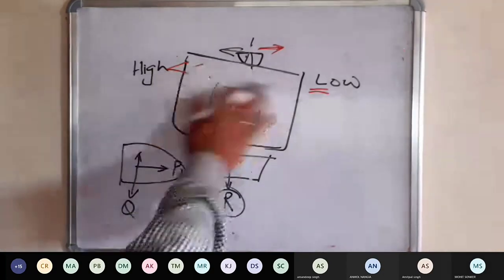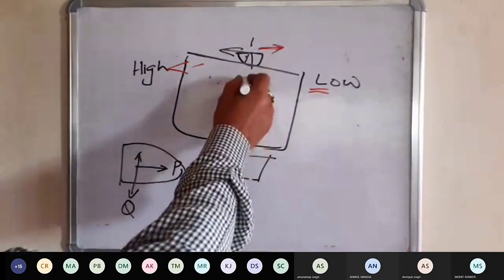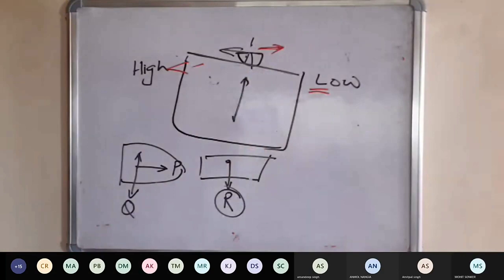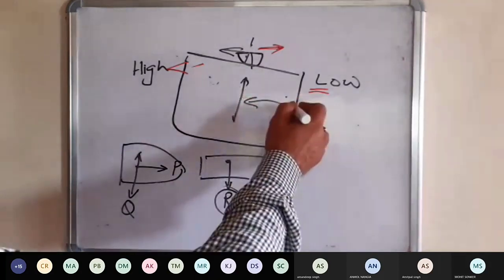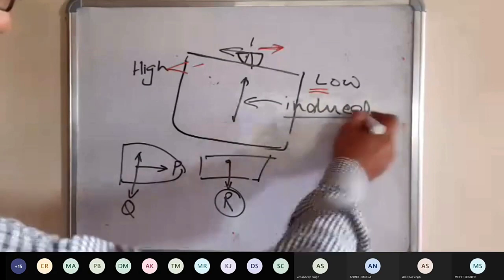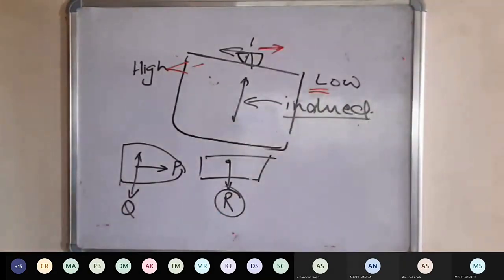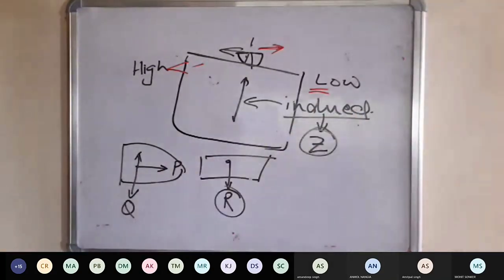But apart from that, there are so many soft irons also, vertical soft iron below the compass, like pillars, which can have induced magnetism. Induction will be happening because of the Z component of the Earth's magnetic field.